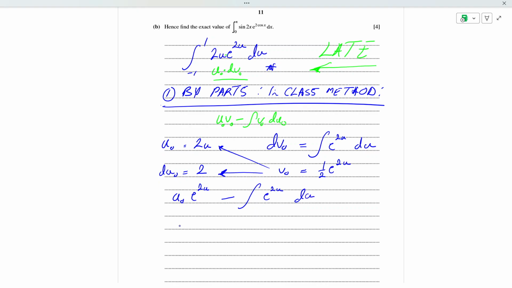Then you plug in the limits. When you integrate that part, you have u naught e to the u minus half e to the u. Then you plug in the limits of 1 and -1.